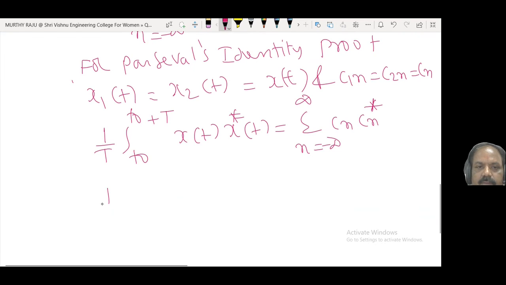Therefore, (1/T) integral from t0 to t0+T of any function with its conjugate is the modulus of x(t) whole square, dt.